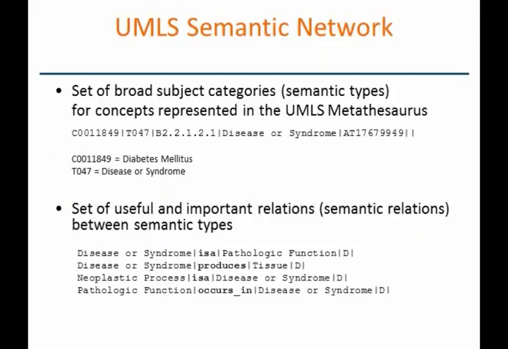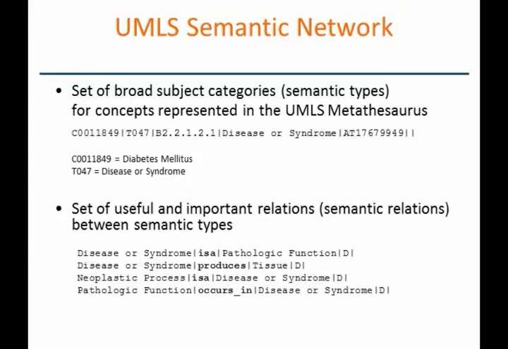The UMLS is really one big giant semantic network where things are related to each other, and we have all these semantic types, as mentioned, disease or syndrome, diabetes mellitus. The key is that there are relationships between the semantic types.